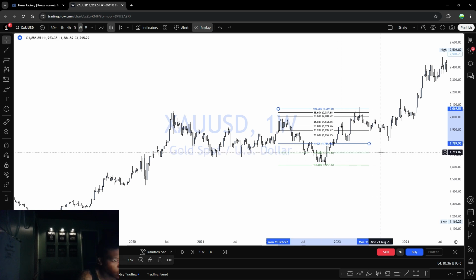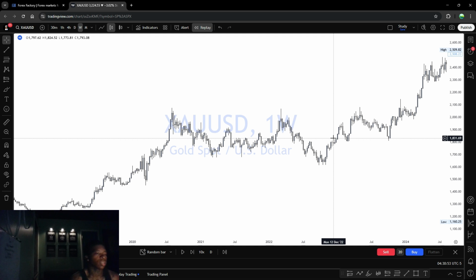See, still following structure. So you probably would have targeted, you know, the 27, but you see it actually pushed down. It went down to this 61.8, still following structure before the reversal and the continuation.